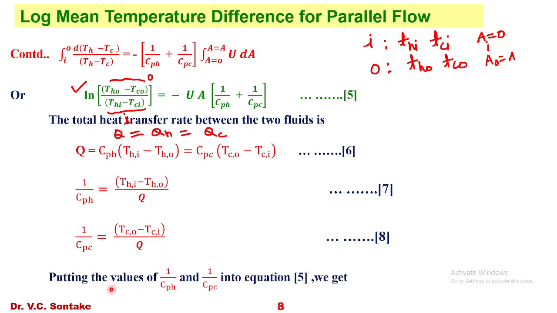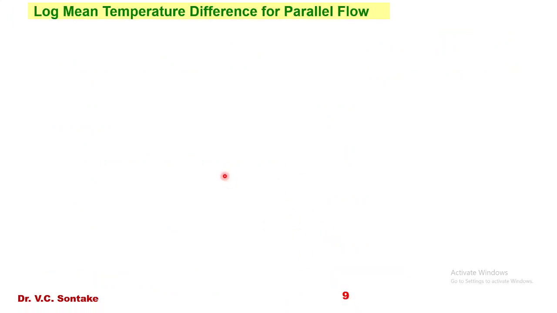Now putting the values of 1 upon CPH and 1 over CPC from equations 7 and 8 into equation 5, we get log of THO minus TCO over THI minus TCI is equal to minus UA into THI minus THO over Q plus TCO minus TCI over Q.